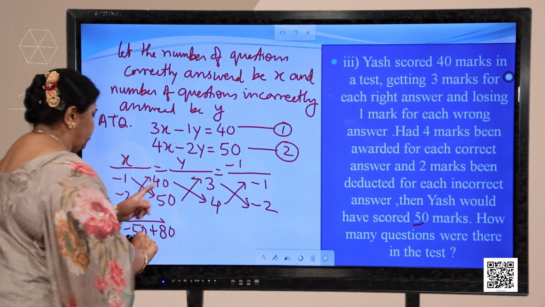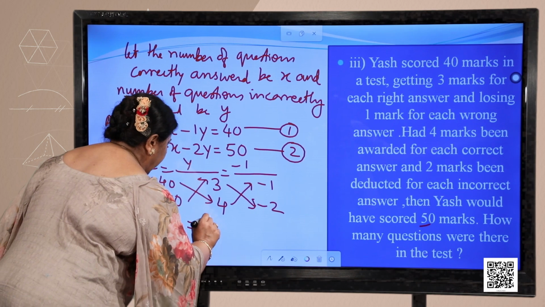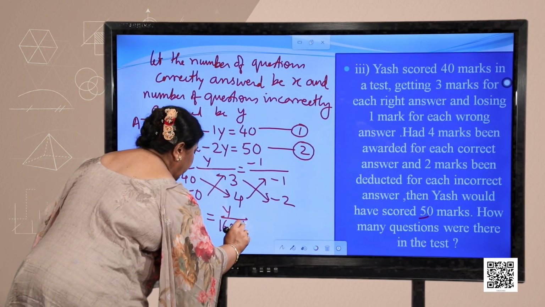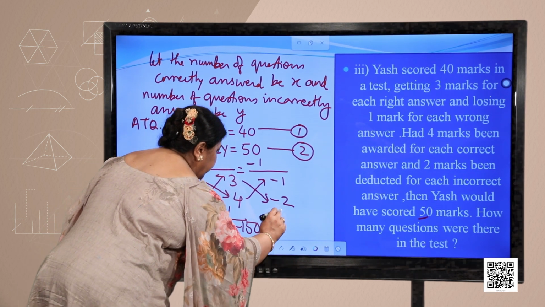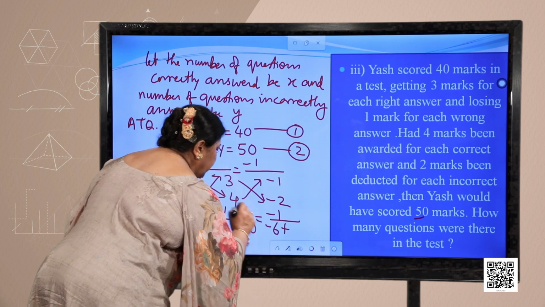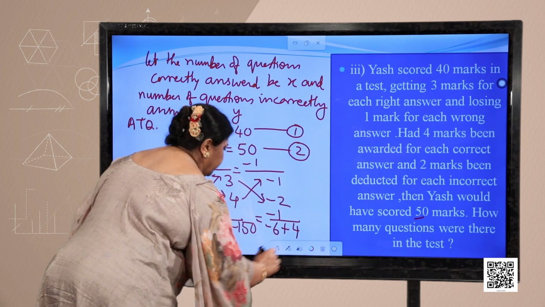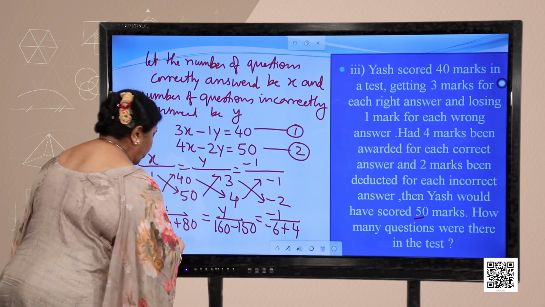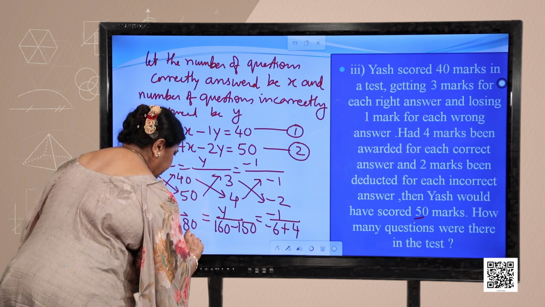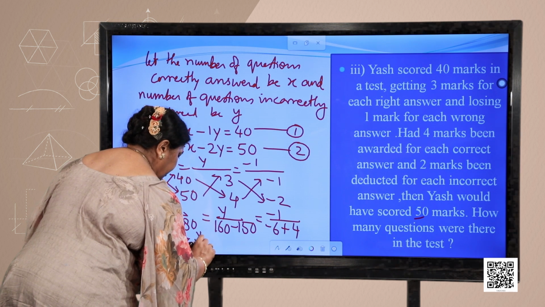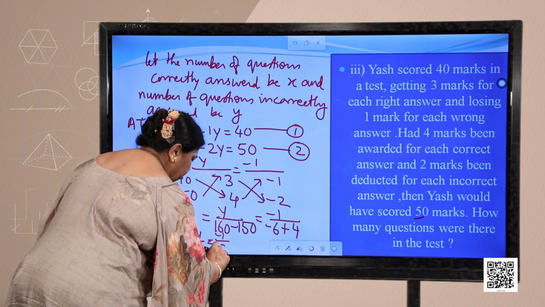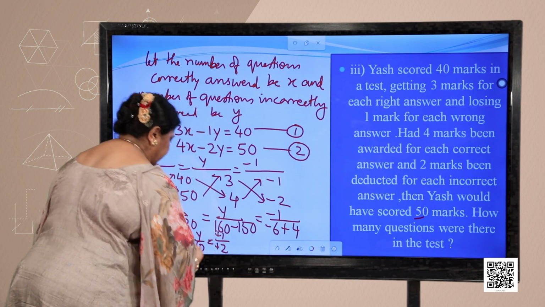So, it is 2 into 40 is 80, and for y, 40 into 4 is 160 minus 150, that is 10. 2 3s are minus 6, minus minus plus 4, that is minus 2. So, x upon 30 and y upon 10 is equal to minus 1 upon minus 2, that gives me plus here.